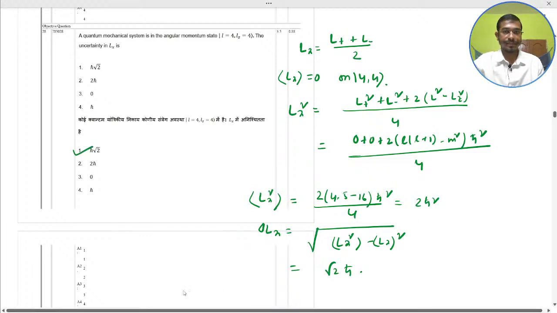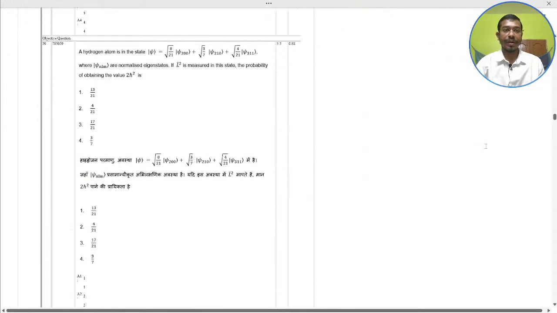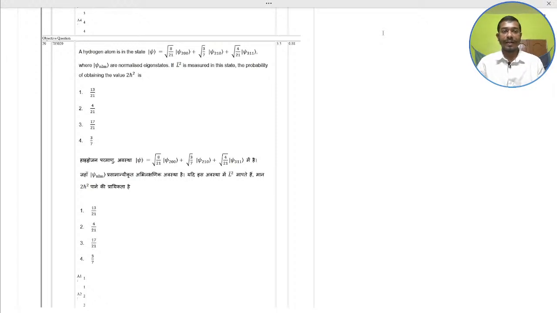Next, a hydrogen atom is in the state this, where psi nlm is normalized eigenstate. If L square is measured in this state, the probability of obtaining the value of 2ħ square is what? Very important question. Frequently this is asked in CSIR NET.